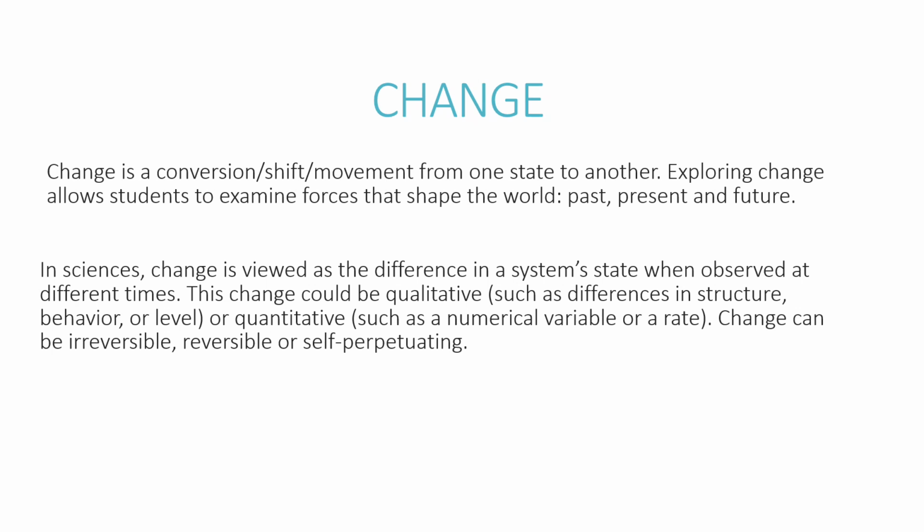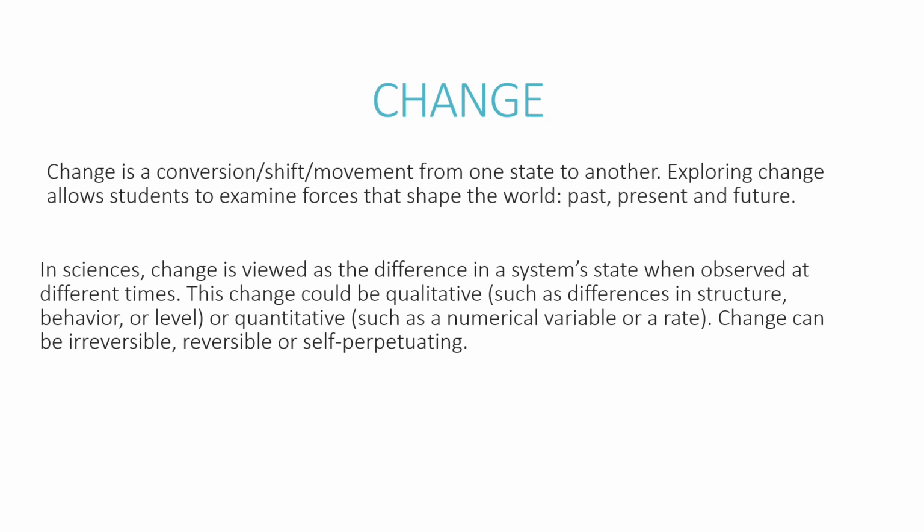So, before moving further, we need to discuss the key concept that we need to address in this particular unit, and that is the key concept of change. Now, in context of the IB, change involves conversion or shift or movement from one state to another. But in the specific case of sciences, we see change as a difference in system's state when we observe it at different times or at different places.